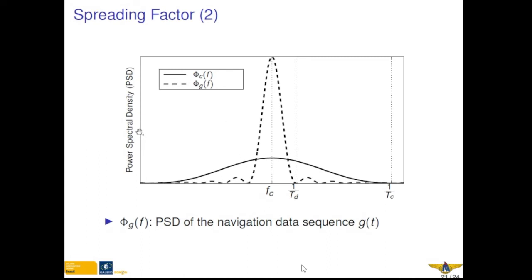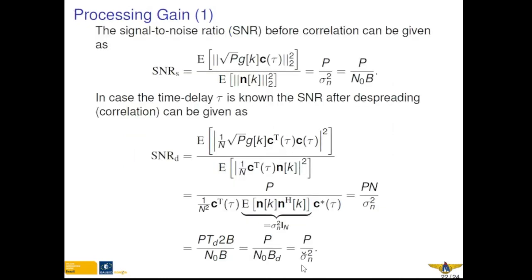So when the waveform is spread, it's below the noise, and when it's despread, it's above the noise, because we have seen the result: the signal after correlation is just g of t times the power. So we have exactly realized this, that the spread waveform is below the noise floor and the despread waveform is above the noise floor.